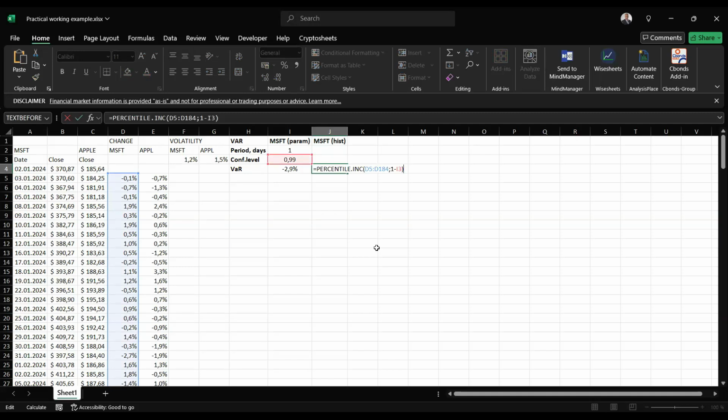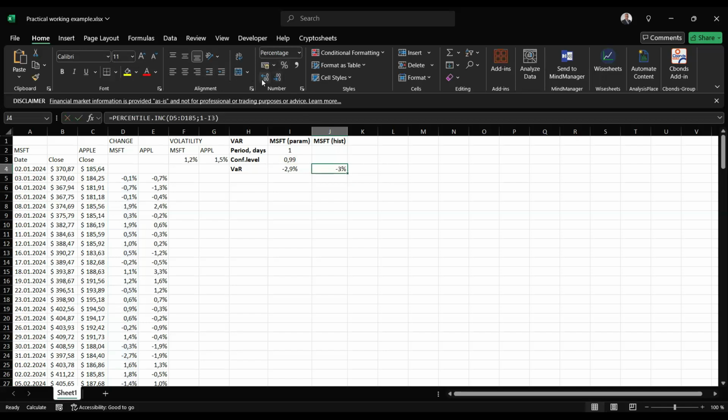In the previous versions of Excel it's simply percentile, but in the last version it may be percentile inc, for example. Here we should point to our data range, not the price range, but the changes data range for the appropriate equity. And then we have to point out the parameter K, which is the percentile, and which usually means 1 minus the confidence level.